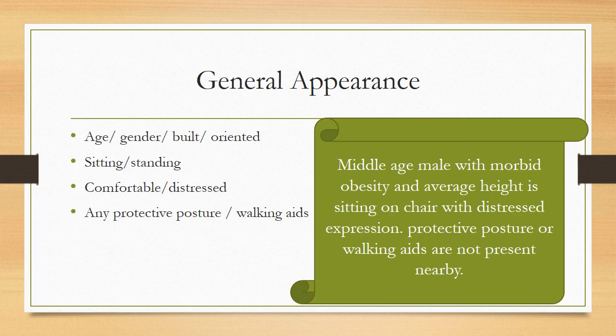No protective posture or walking aids are seen nearby. Again, this is a small intro that gives a good impression to the examiner that you know what you're talking about. You have commented on the general appearance of the patient and you're not just focusing on the foot, but you are taking the patient as a whole.